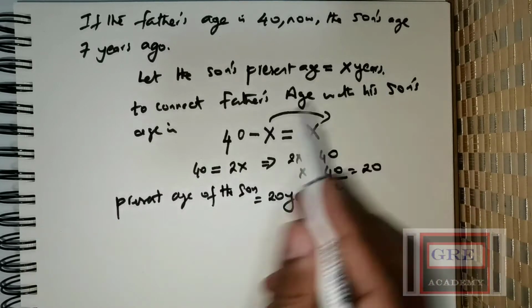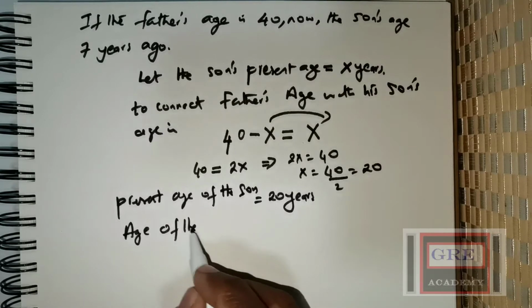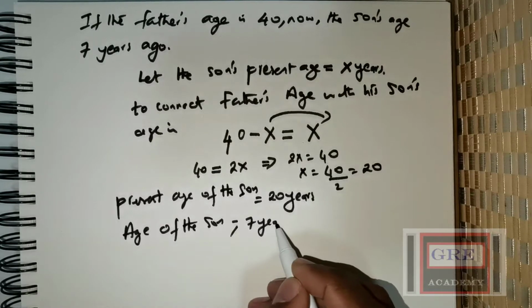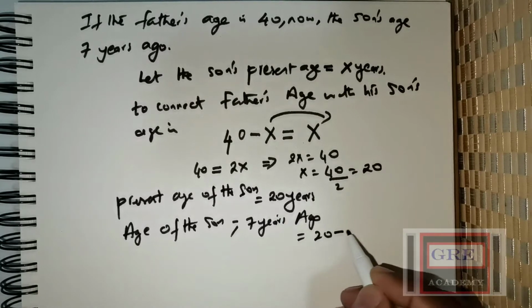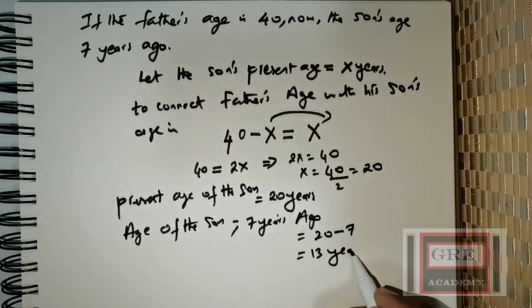Okay, but we are asked to find the age of the son 7 years ago. So 7 years ago means we have to subtract 7 from 20. So that means 13 years is the right answer to this question.